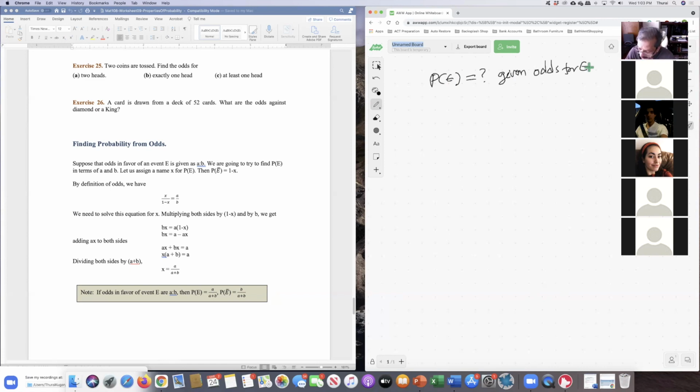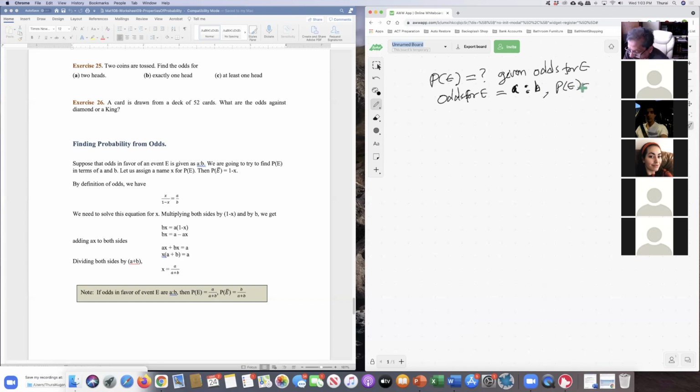So let's say I'm going to have to work out the theory. So let's say odds for E is A to B, given numbers. These are just given numbers, but I'm going to use these symbols to represent them. If those two are given, then how do you find the probability? This is given, so what is probability of E is the question.